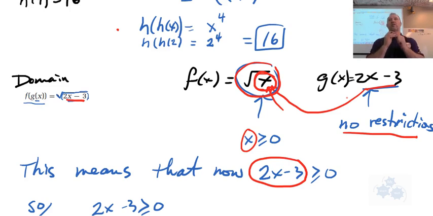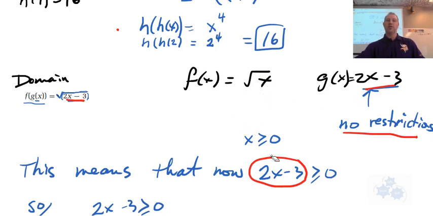And then those x values are the ones that you're focusing on. So hopefully this is making some sense here. Because the input for this square root of x function has to be greater than or equal to 0, that means that because this function is the input, this function has to be greater than or equal to 0.